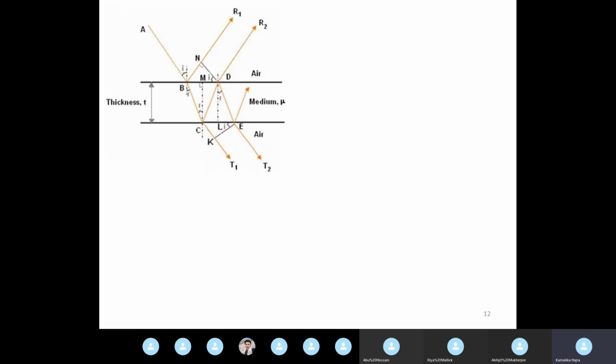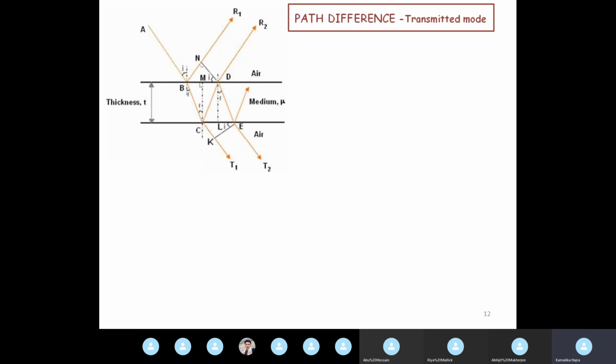Okay, so now once again we take recourse to that same picture, the same diagram, and we now want to calculate the path difference in the transmitted mode. As I told you that there is air above and there is air below, so you can view the film from above or from below.